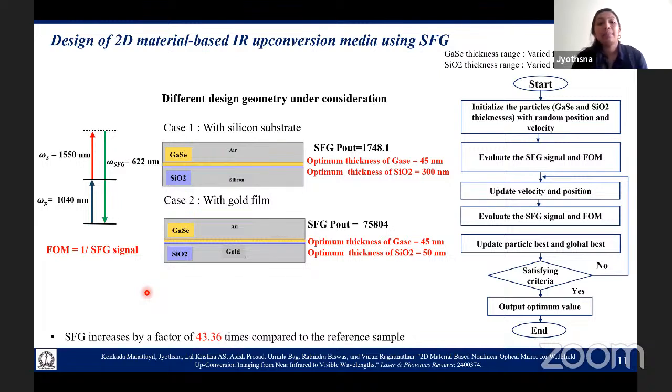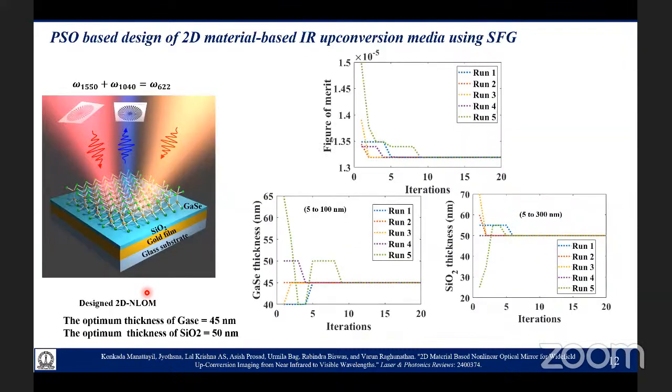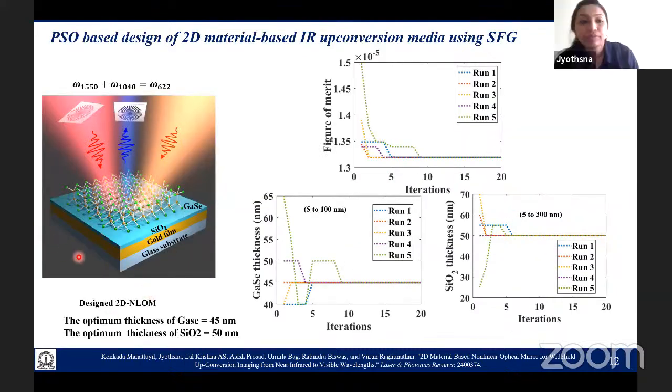In this particular design, the optimum thickness for GaSe was obtained as 45 nanometer, and the optimum thickness of the SiO2 was obtained as 50 nanometer. And the SFG signal with this optimized design is 43 times that of the normal reference sample with an SiO2 thickness of 300 nanometer. So this is the optimized design of the nonlinear optical mirror we designed.